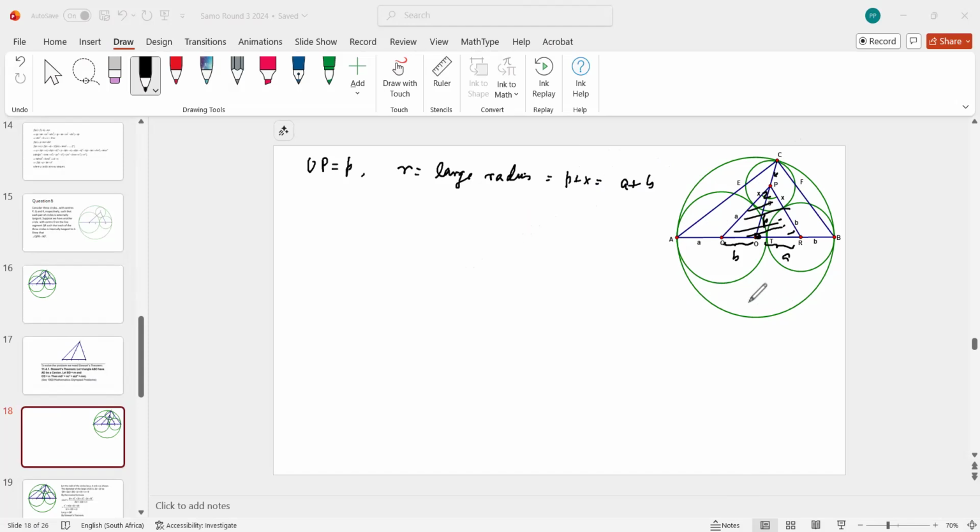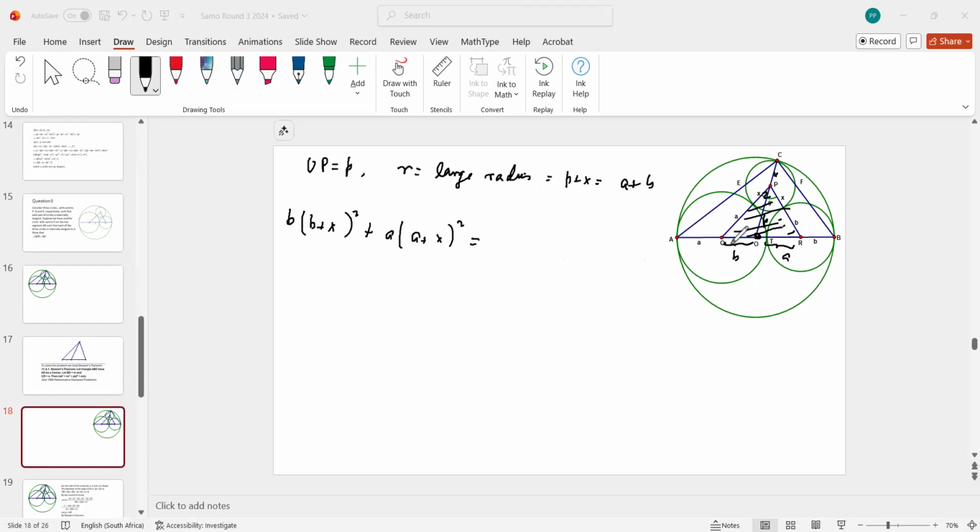And now let's apply Stewart's theorem. Stewart's theorem says B into B plus X all squared, plus A into A plus X all squared.